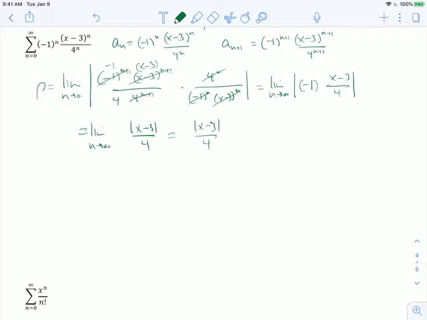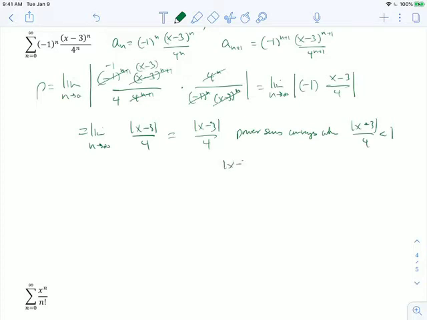The limit of a constant is just a constant. And so the power series converges when the absolute value of x minus 3 over 4 is less than 1.